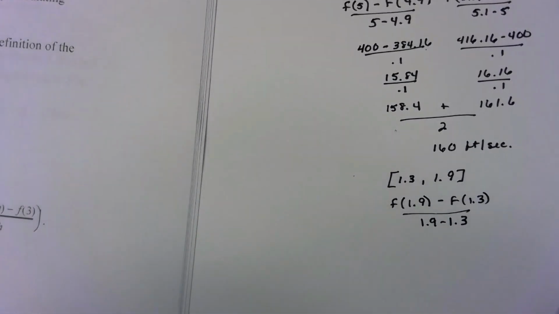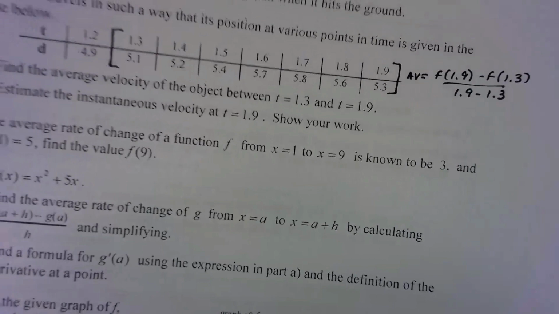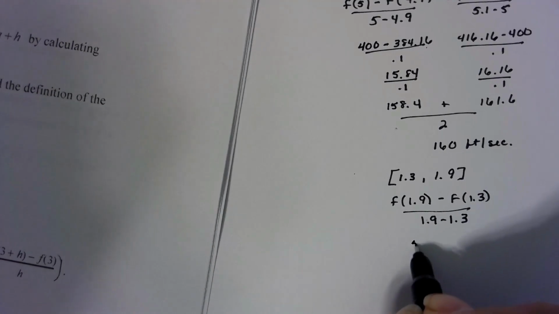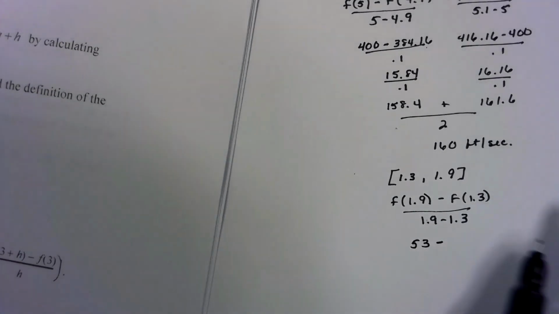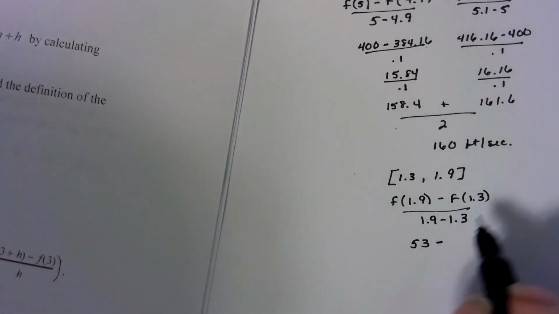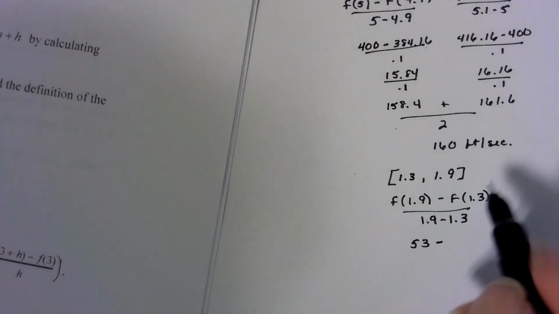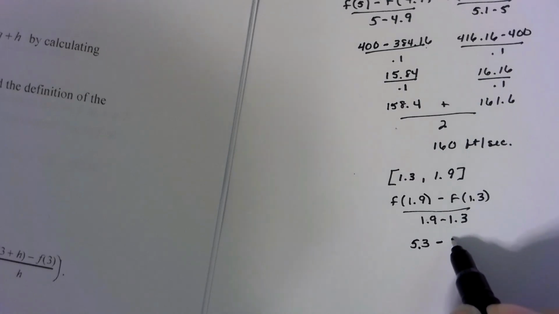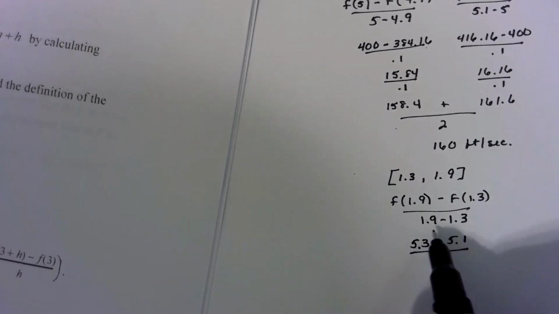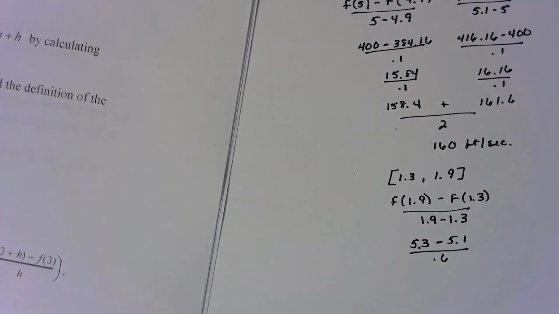Well, f of 1.9, if you look back in the table, the function evaluated when x is 1.9 is 5.3. So we have 5.3 minus the function evaluated when x is 1.3, which is 5.1. And then it's going to be 1.9 minus 1.3, which is 0.6, right?